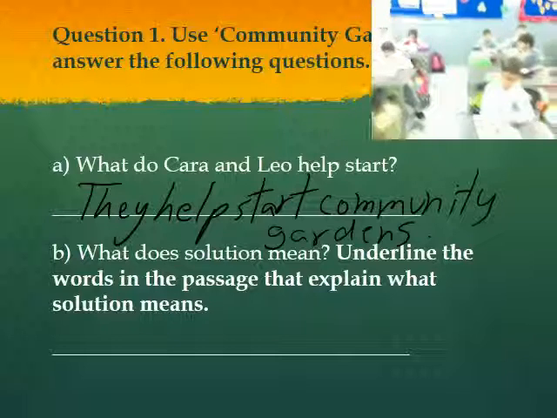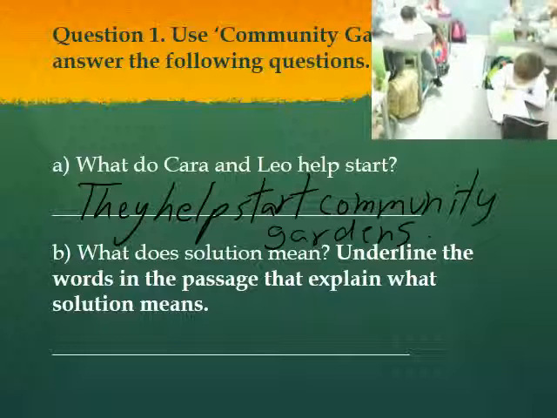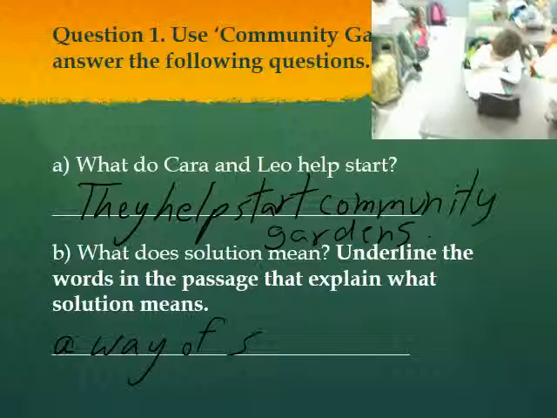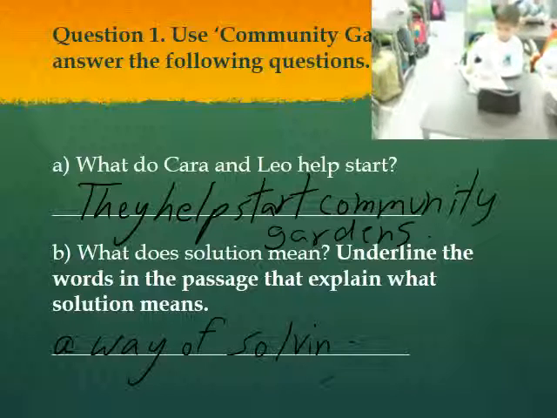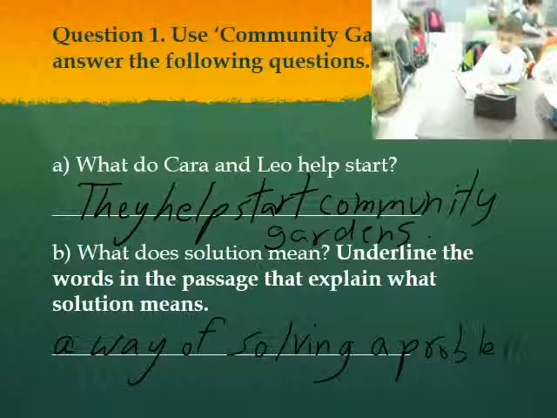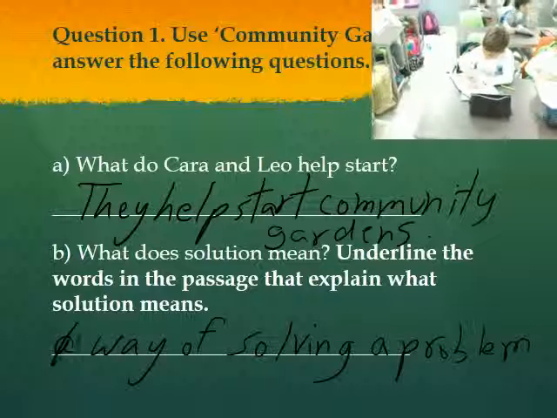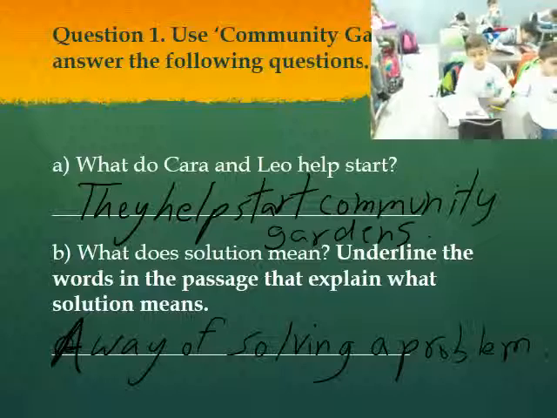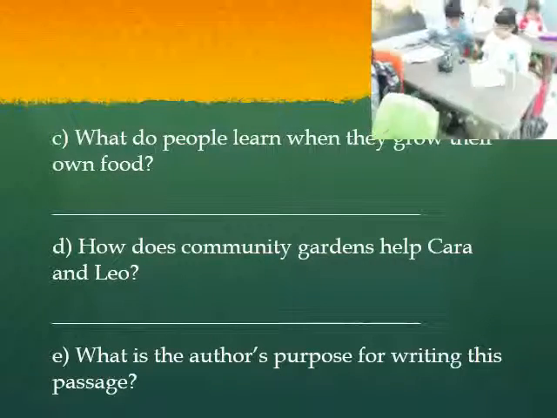Okay, the meaning would be: solution means a way of solving a problem. Okay, we begin the sentence with a capital letter. Okay, very good. Now let's continue reading the questions.